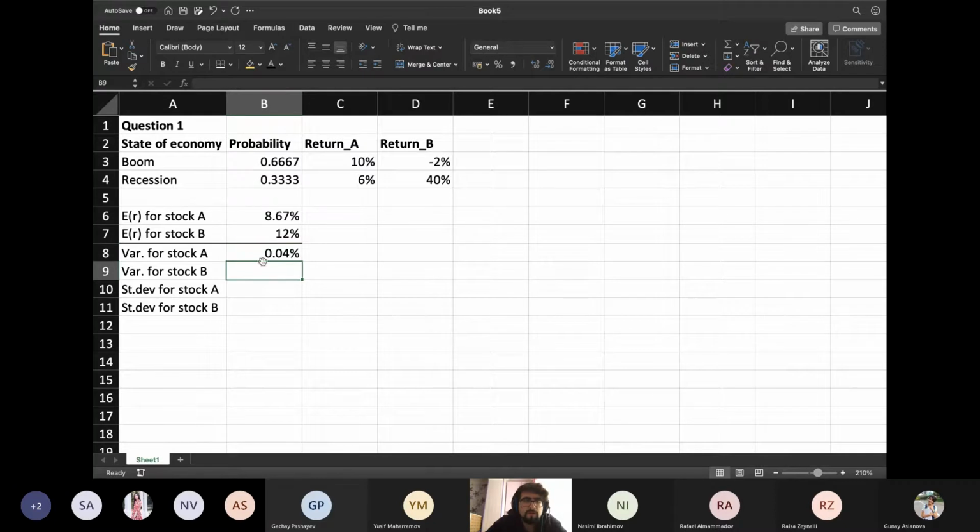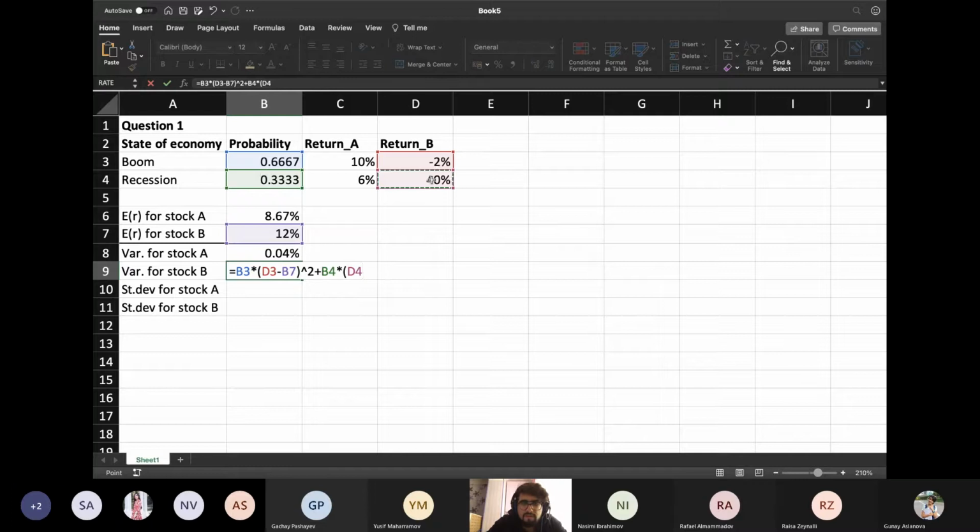This is for variance stock A, and variance for the stock B, the same. Return of the boom minus expected return to the power of 2 plus probability times return of the recession minus expected return to the power of 2.